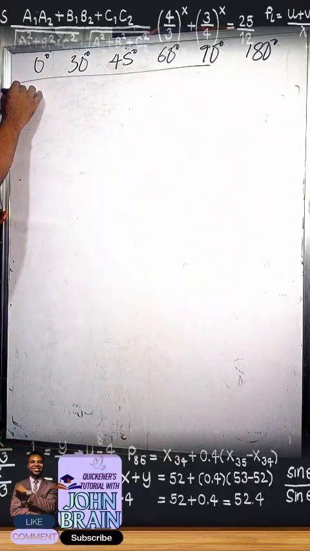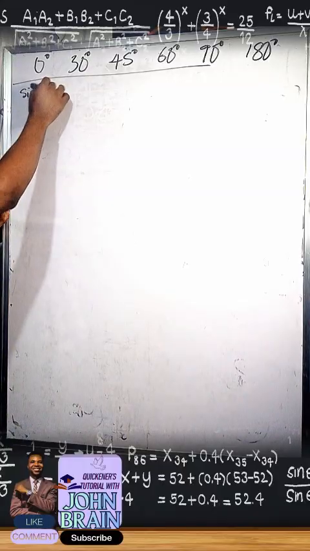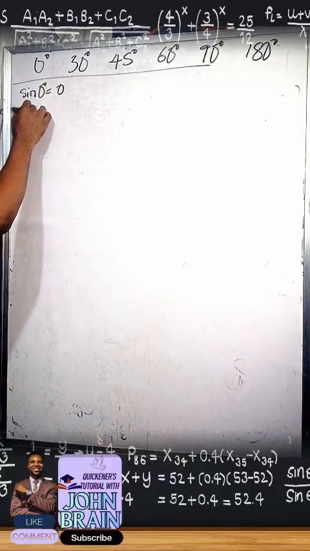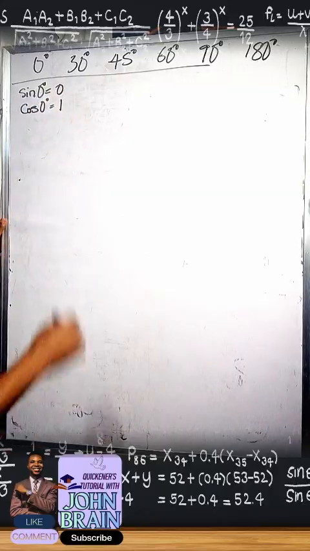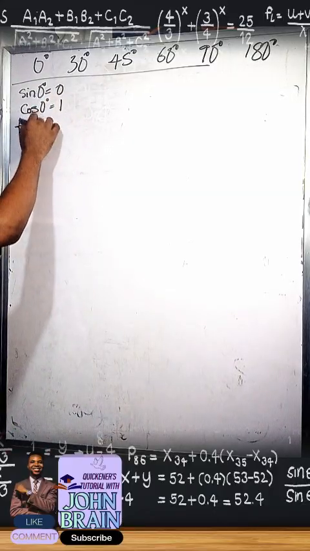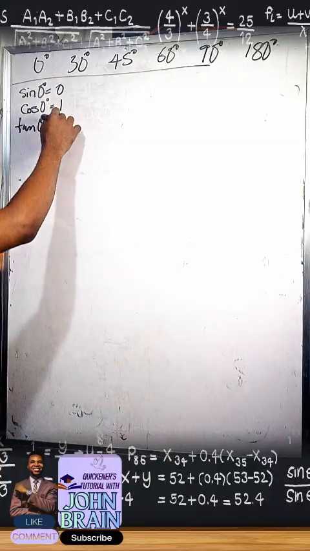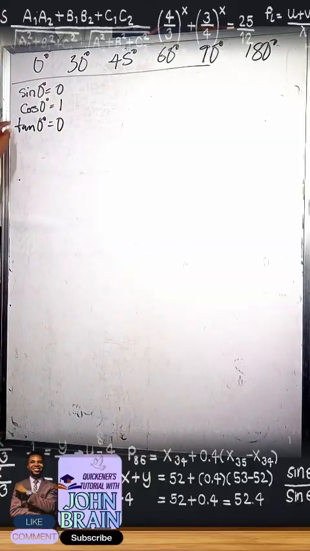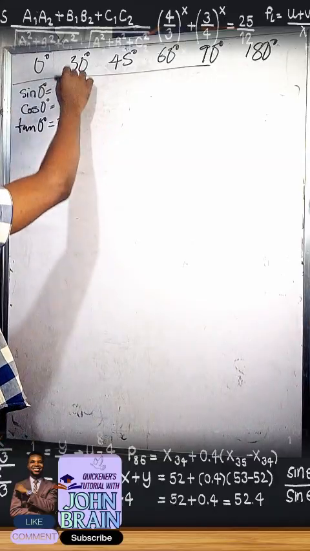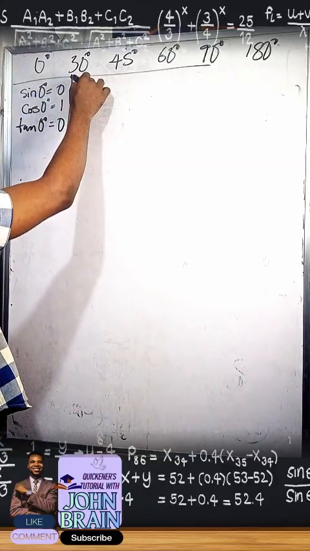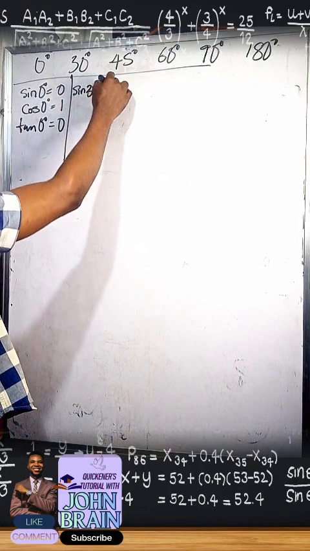So, sine 0 degrees is 0. Cos 0 degrees is 1. Take note. Tan 0 degrees is 0. Now, let's go for 30. Sine 30 degrees is 1 over 2.